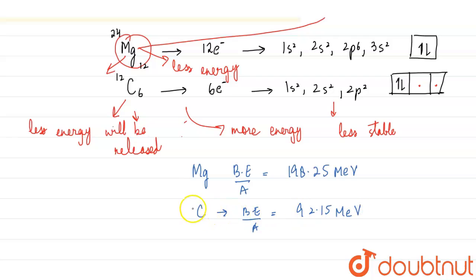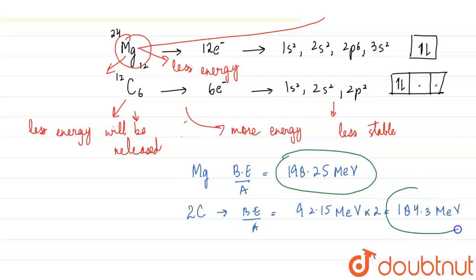But now we are forming two carbon atoms, so we have to multiply it by 2. That becomes 184.3 mega electron volts. Now see, we have more energy in this case and less energy in this case. So we conclude from this that more energy will be liberated in magnesium than in carbon.